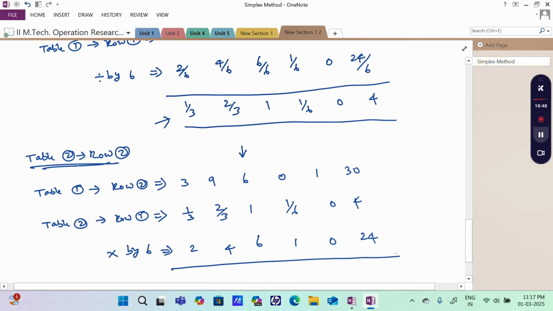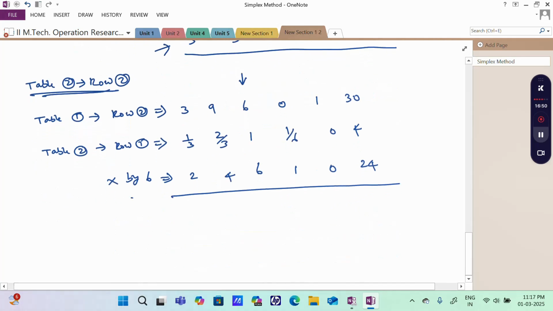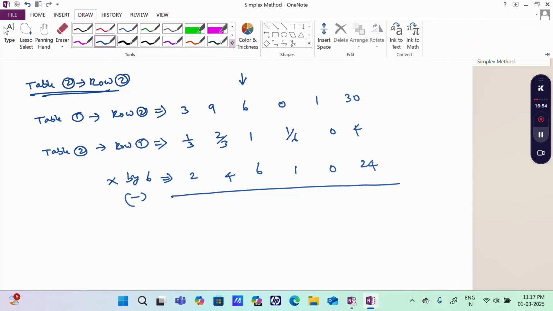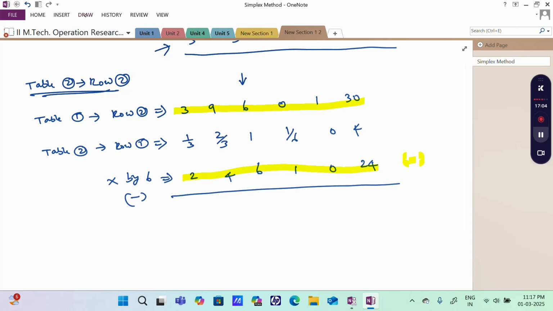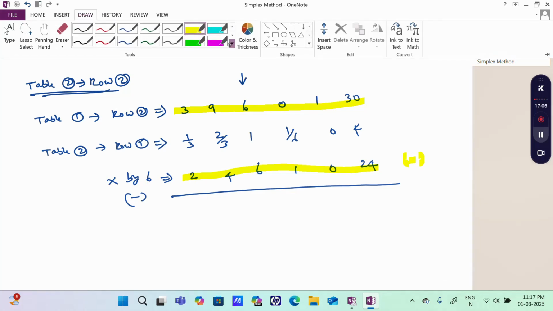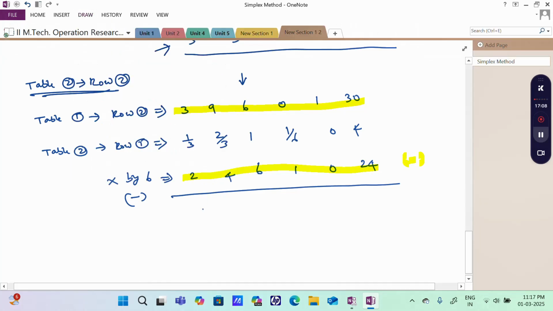Now subtract these two equations: 3 minus 2 is 1, 9 minus 4 is 5, 6 minus 6 is 0, 0 minus 1 is minus 1, 1 and 6.